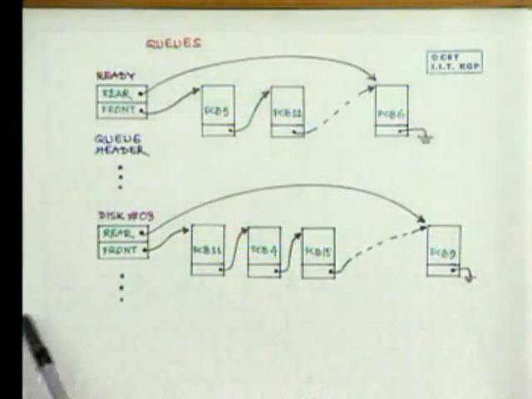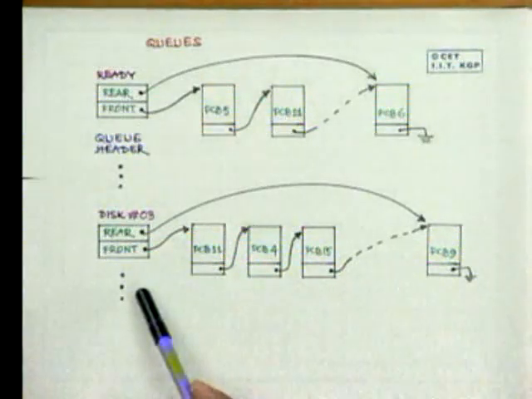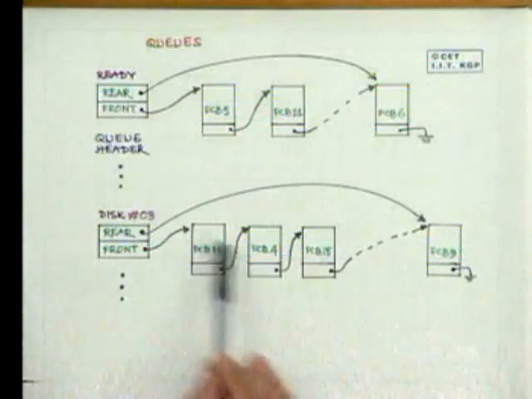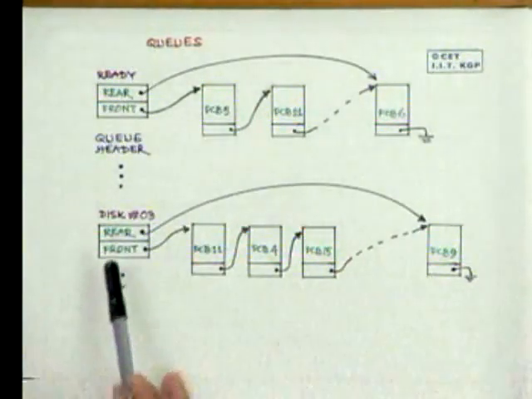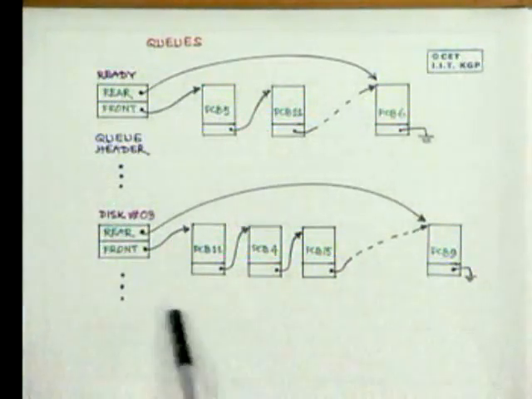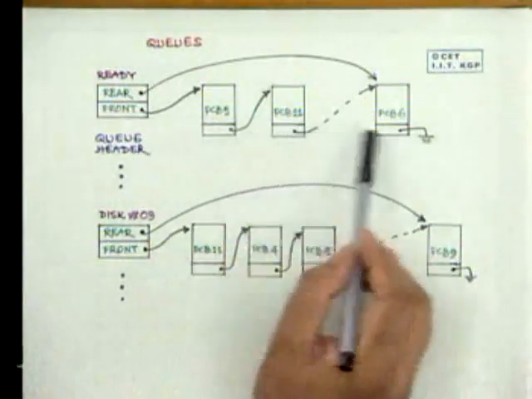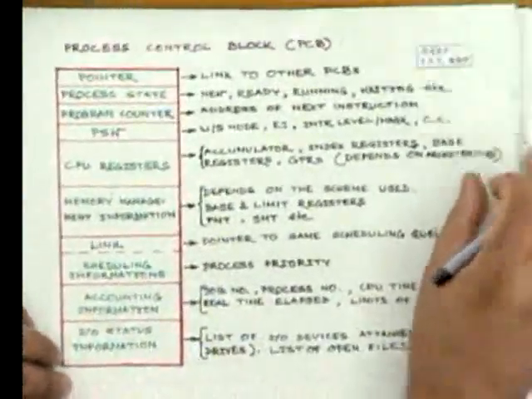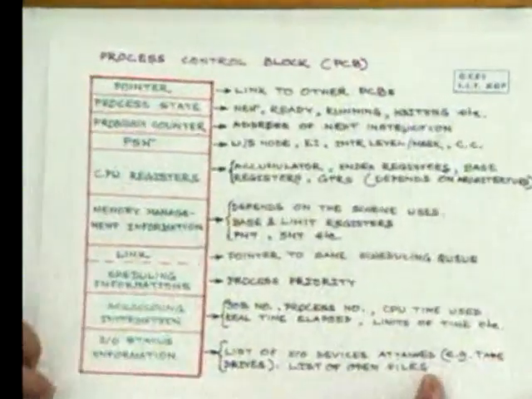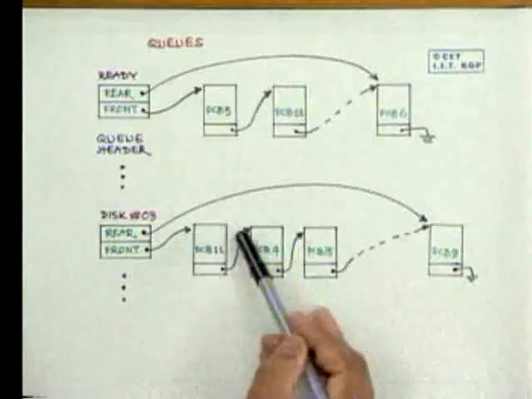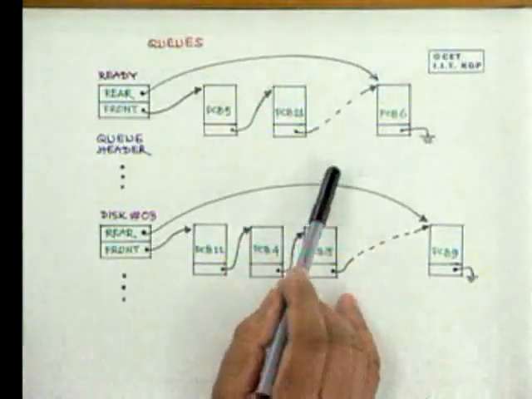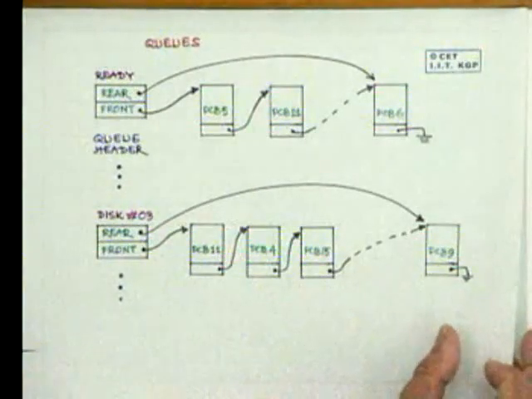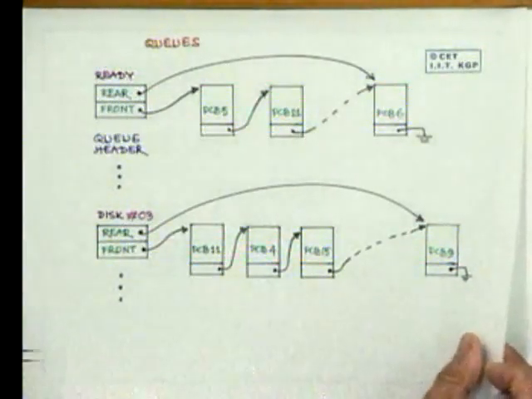It can easily take from the front and easily put a process into the rear. There may be many such linked lists, many such queues, and this pointer essentially links all the PCBs in the system, irrespective of which state they are in. That's the way we can maintain queues.